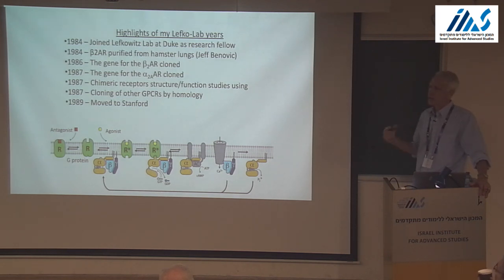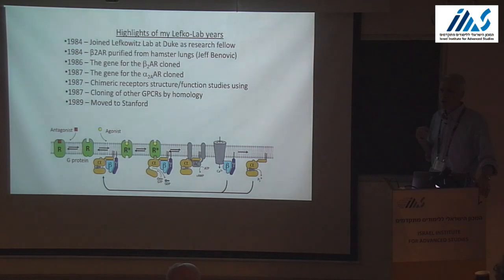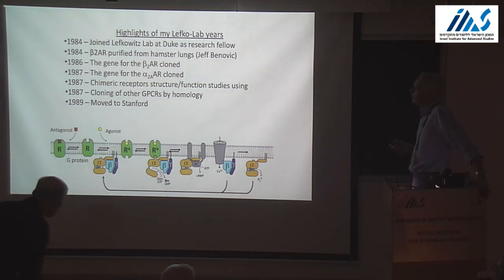Every time I tried to count, did I count him? But they were almost all postdocs. There were a few graduate students, and there was one token MD. And the previous token MD had just left. So there was a slot open, and he pretty much took you sight unseen. So I was very fortunate. That was my first stroke of luck.